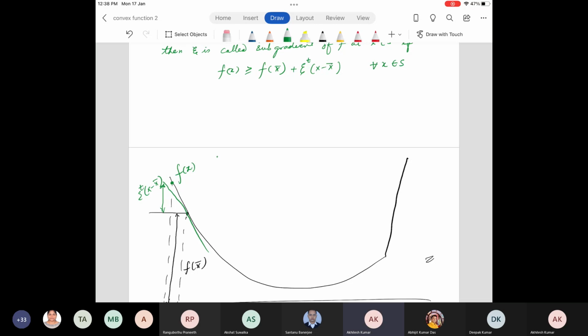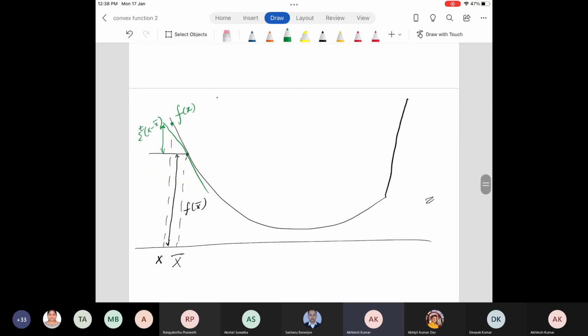Yes, sir. Anywhere in the convex function, if you try to draw, except one point which I will discuss, the subgradient will always be below your function value. Does that make sense? Which is nothing but the supporting hyperplanes which we have discussed in the epigraph, right? Is this clear?